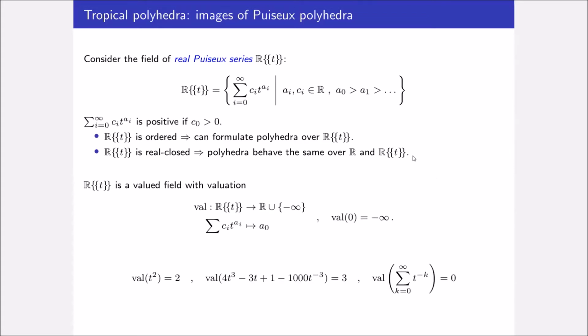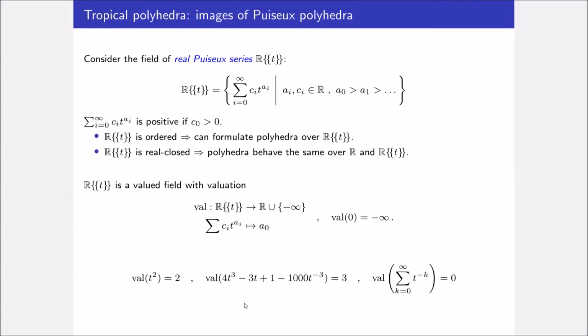Well, this is a valued field, and it comes with a valuation. The valuation is given as follows. To any Puiseux series, we take the leading exponent, the largest exponent of this Puiseux series. This is going to be some real number, or in the case that our Puiseux series is 0, we define this to be minus infinity.